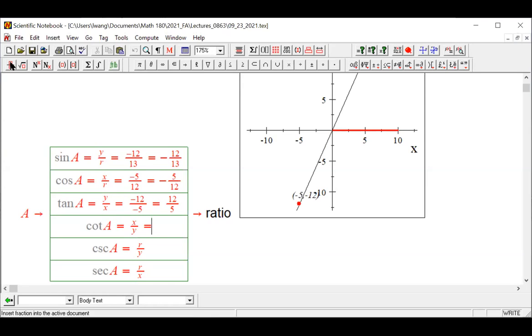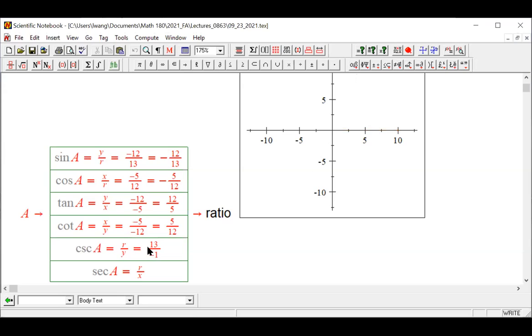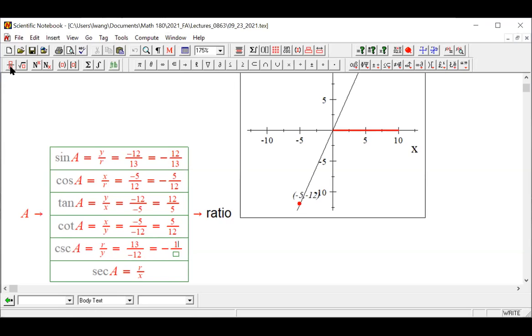So you can see, so this is going to be -5 over -12. And that's 5 over 12. Last two. So that's going to be 13 over -12. That's a -13 over 12.